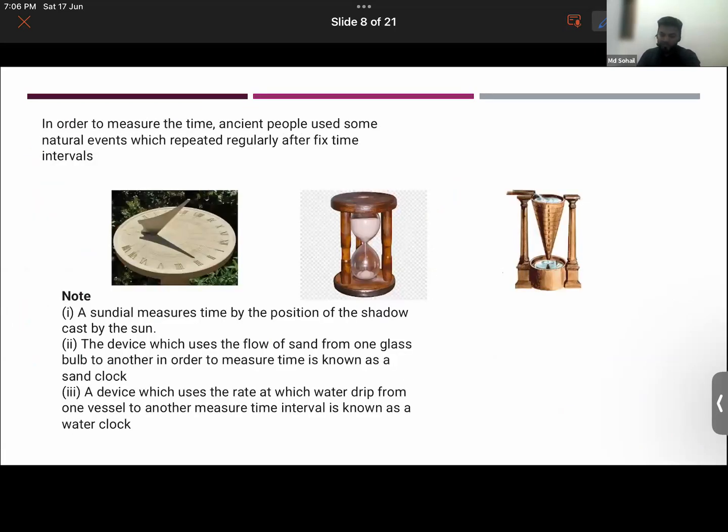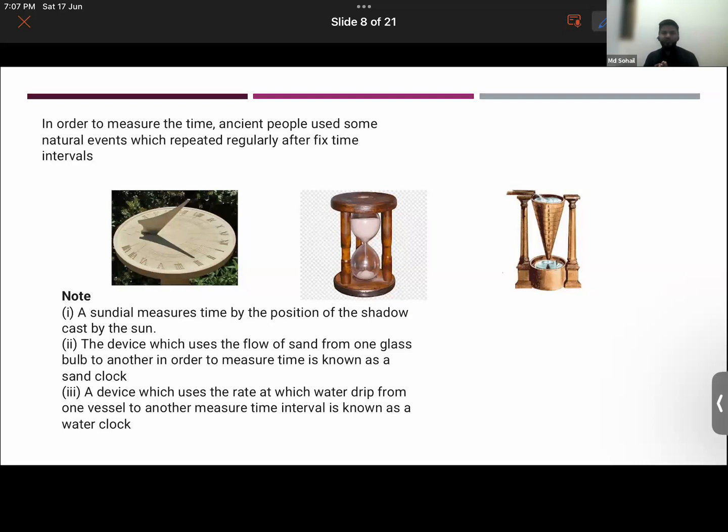So we were talking about measurement of time. Earlier people had different methods of measuring time since the watch was not discovered then, right? So in order to measure time, ancient people used natural events which repeated regularly. The most primitive method was seeing the sunrise. From the first sunrise to the next sunrise constituted one whole day.